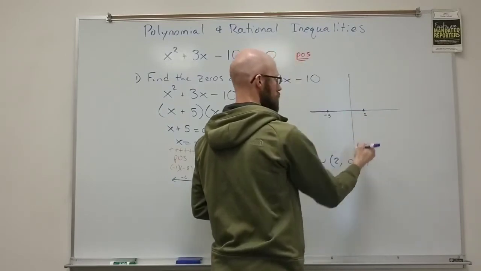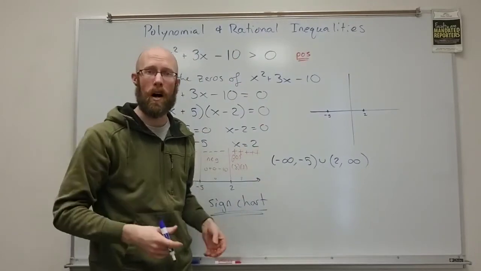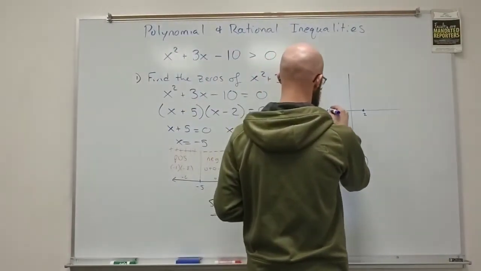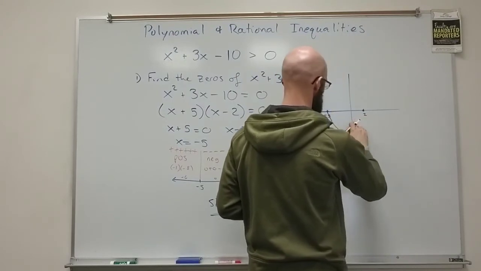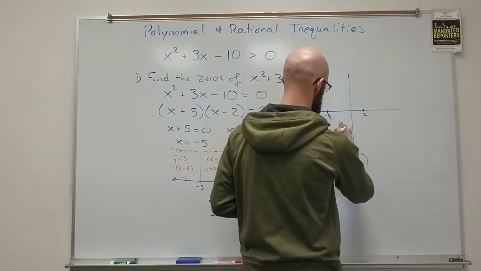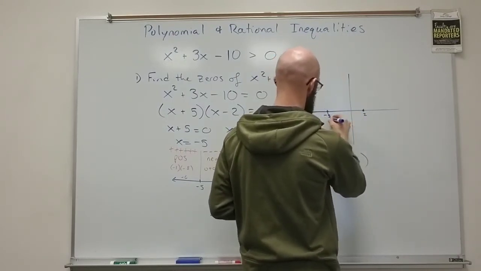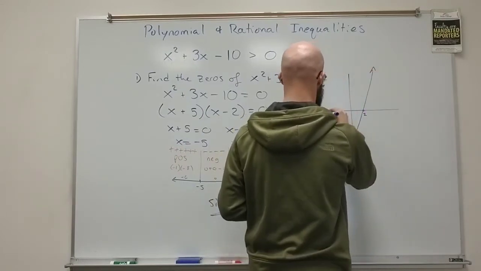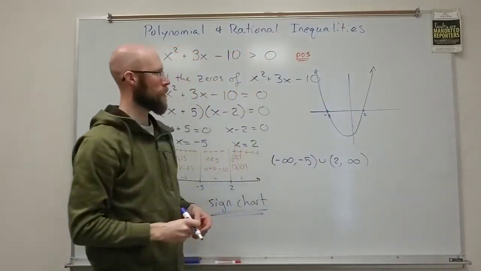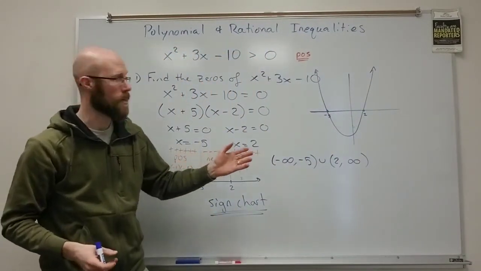I've got those as my x-intercepts. The graph opens up, and so in between those points... not very symmetrical here. Okay, my graph looks something like this.